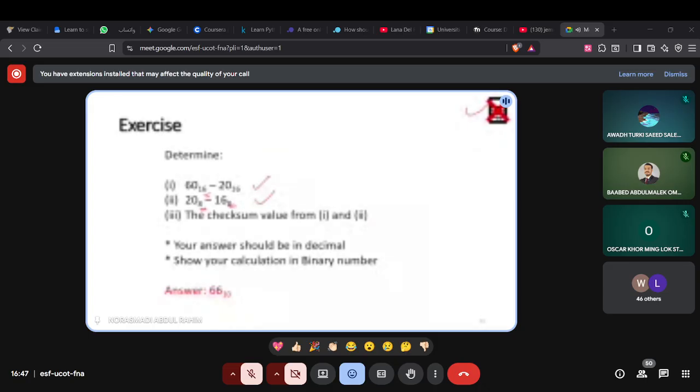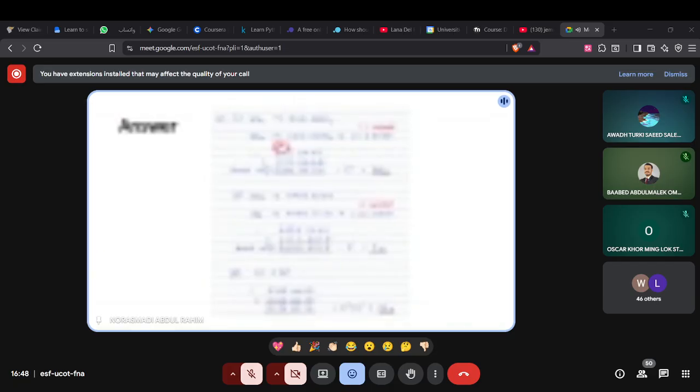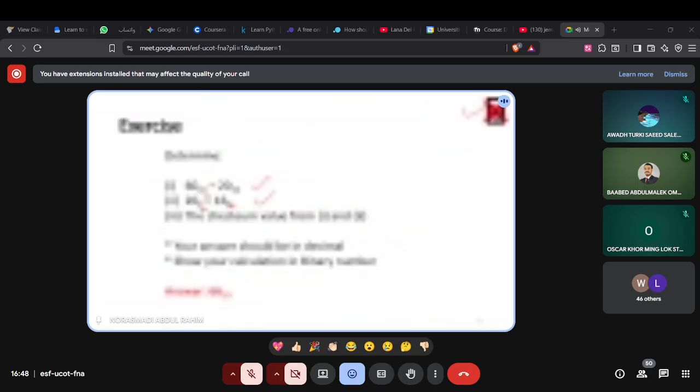But for everything, the solution must be like this. You must show the solutions. Even when you want to add, if there are carries here, you must show also. At least I know that you understand. If this is not shown here, I know that you just used a calculator.